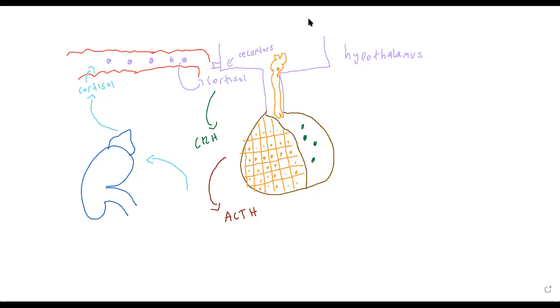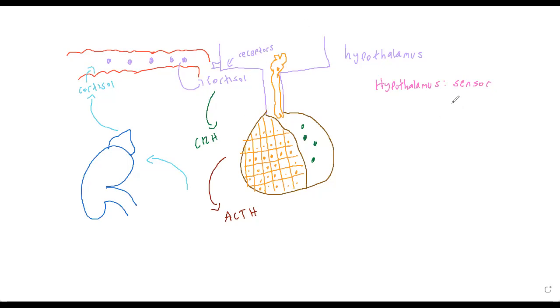So just to show you how it works, if we are going to do a flow chart here, the hypothalamus is the first step in the pathway because it acts as the sensor. And the sensor receives or detects levels of things, and then determines the proper response.